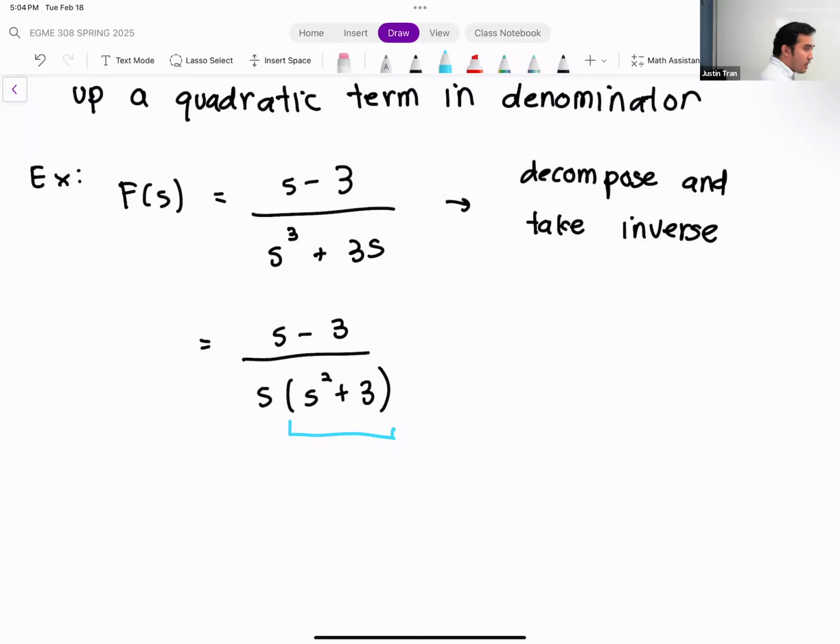The denominator this time contains a quadratic expression that we can't factor anymore. So we can't break that down into any kind of linear term, like s plus something, or s minus something times s plus something. So we just have to leave it as it is.